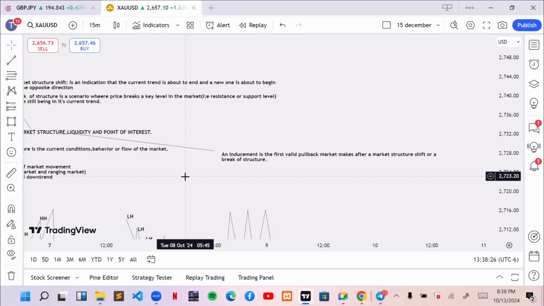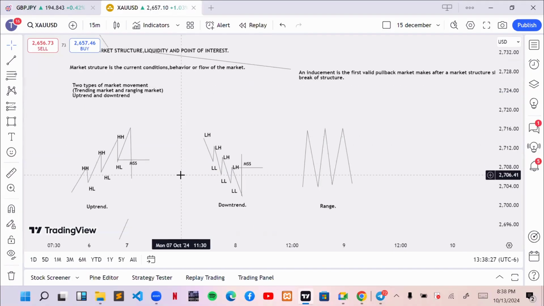Now, what do I mean by this? Once the market has triggered a market structure shift or a break of structure, there's going to be a pullback close to where the market either shifted structure from or broke structure from.